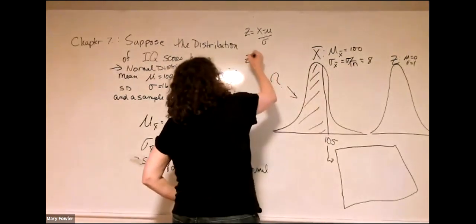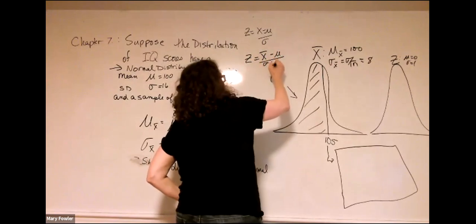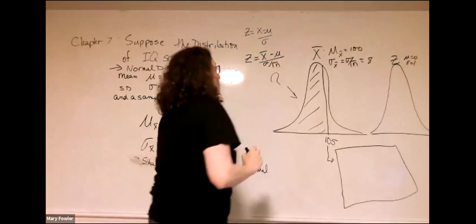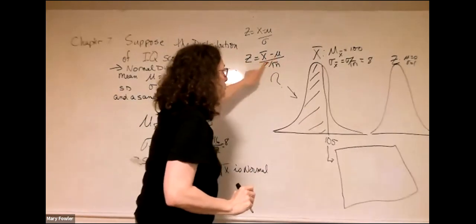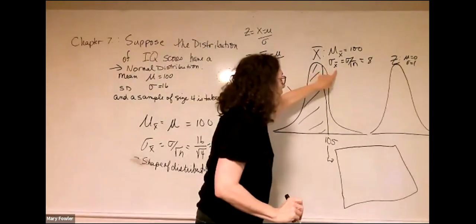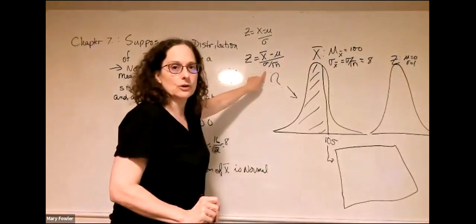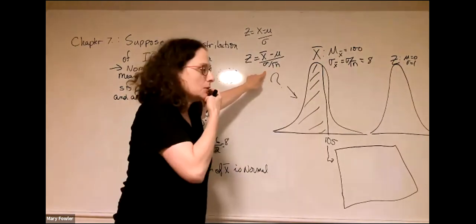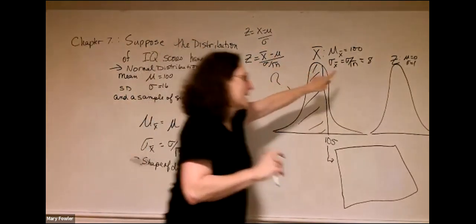There's another formula for Z: X bar minus mu divided by sigma over the square root of n. All that really is saying is, let's use the standard deviation of the sample mean when we do our transformation. So you really can use either one, as long as when you divide, you're dividing by 8.